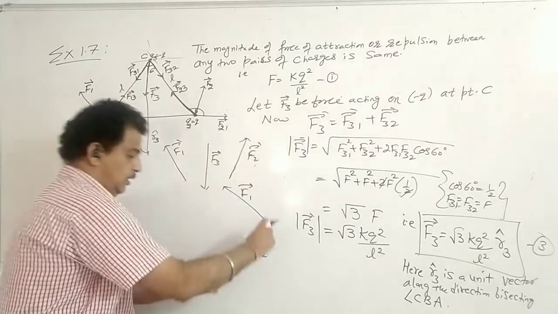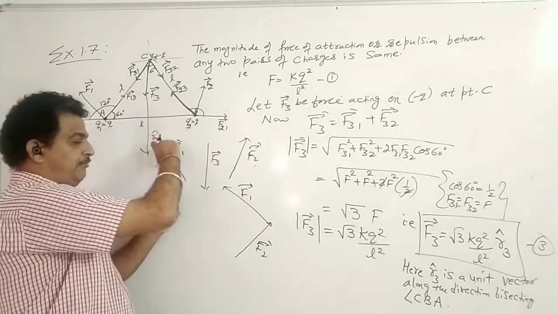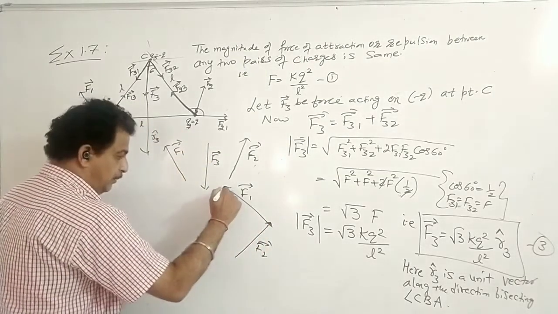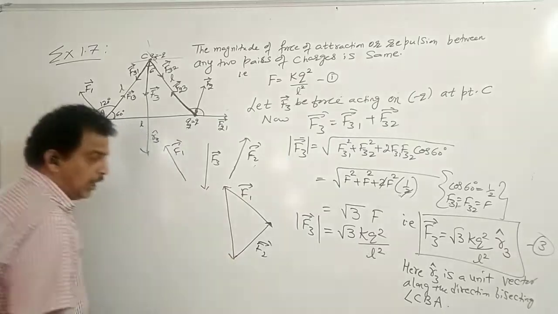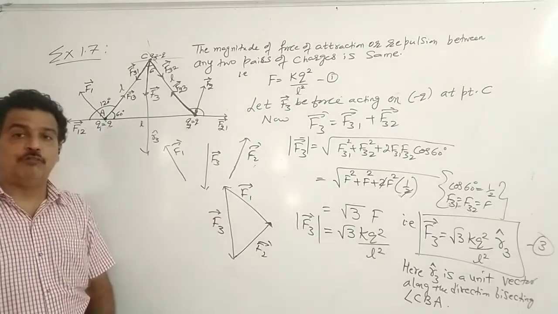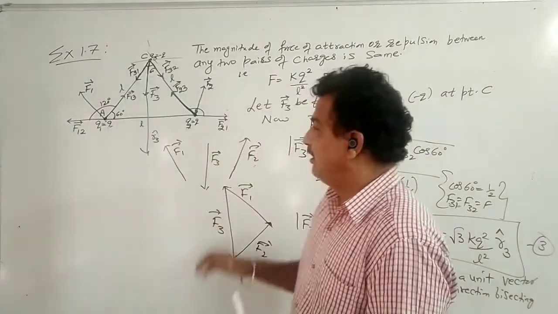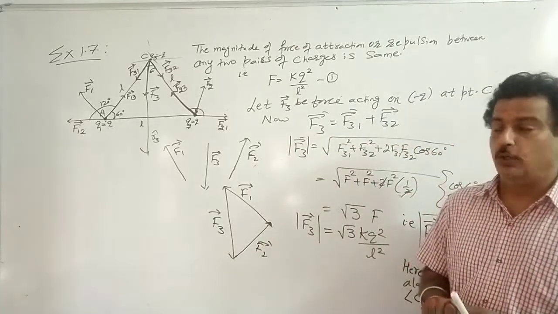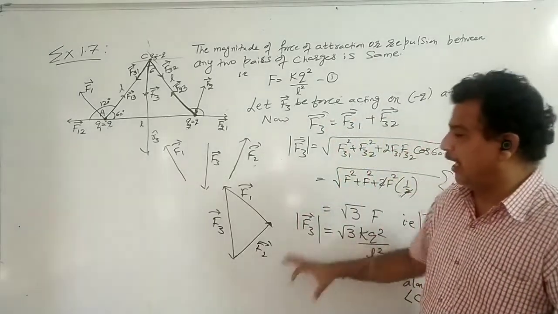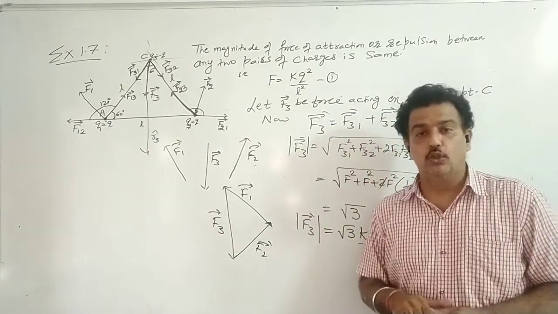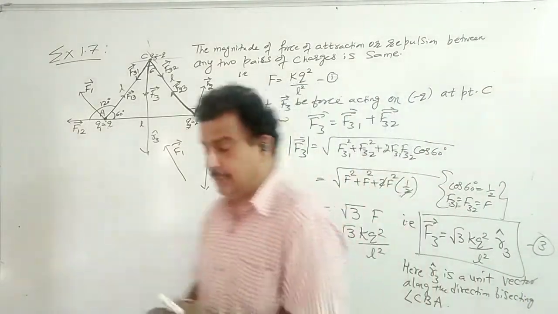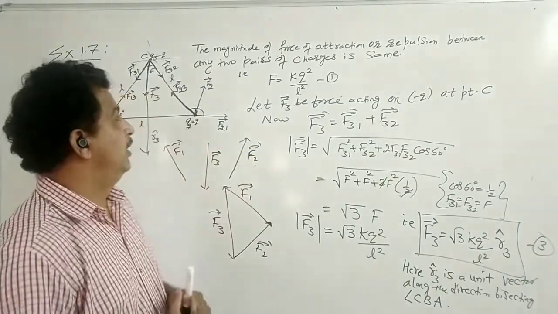Now this is my F2. I picked up F1, kept its tail on the head of F2. I take F3, keep the tail on F1 and head on F2. Again it forms a closed loop. So if I need to find out the resultant of all the three forces, then it comes out to be 0, similar to what we have done in example 1.6. So if there are n vectors forming a closed loop, then the resultant comes out to be 0. So this is what we have for example 1.7.